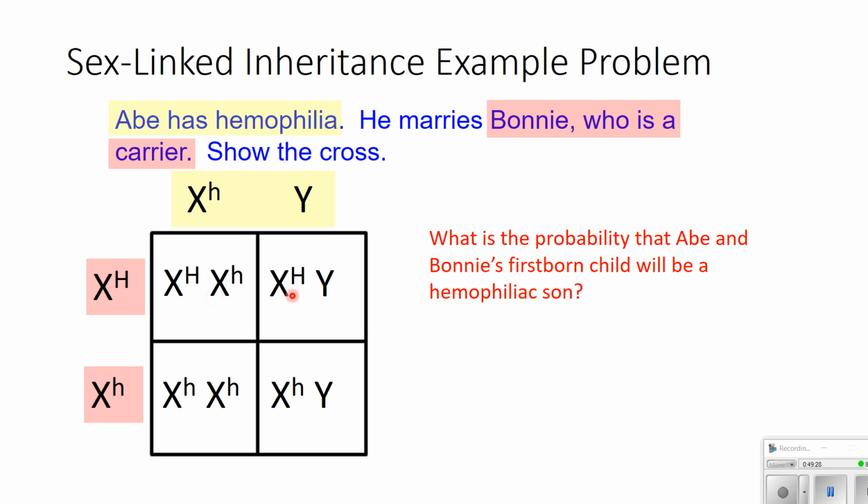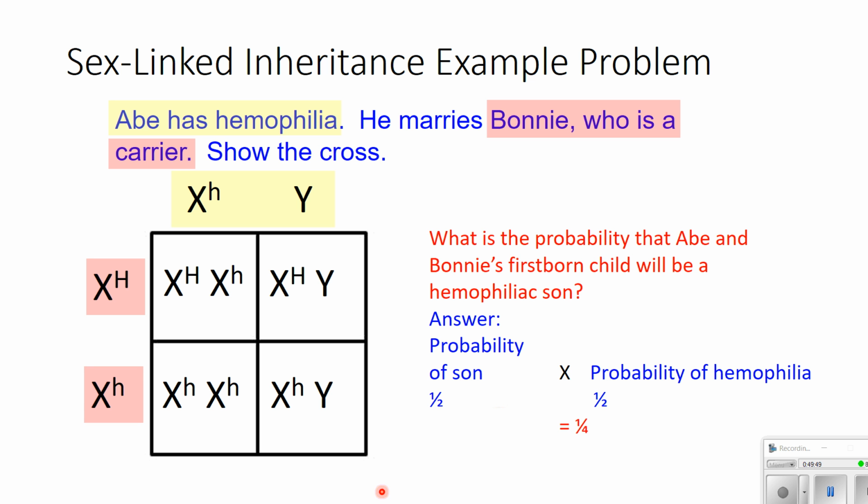Well, here's a boy. This is a normal boy without hemophilia. Here's a son with hemophilia. So that's one possible child out of 4 possible children that they could produce.